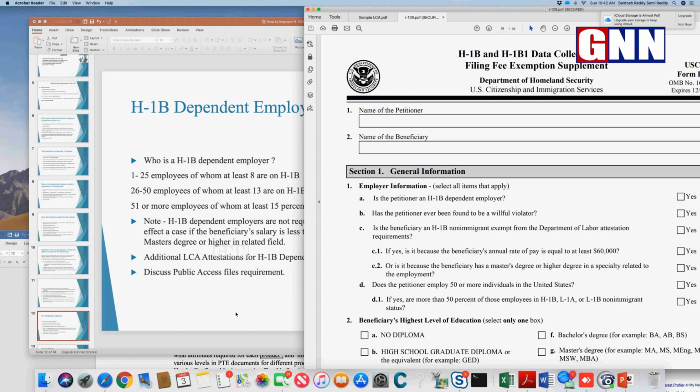It's not mandatory that we pay level 2 wage, but it's always better to avoid any RFEs.